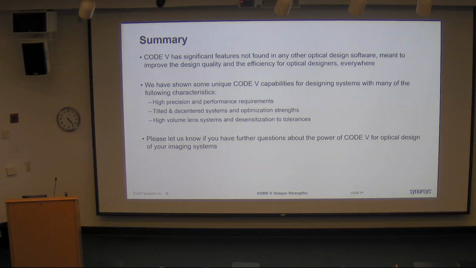We put out a warning. If you have so much coma in your system that you can't really rely on predictions like the modulation transfer function, which is really for extended objects, we warn you about that.